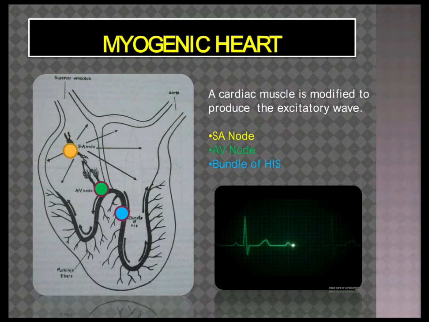Now this bundle of His is present at the very junction of the two ventricles and the two auricles. Now it is conducting the impulses which are coming from the AV node to the rest of the heart. So it is conducting all the impulses to the rest of the ventricles. So we have some Purkinje fibers also.